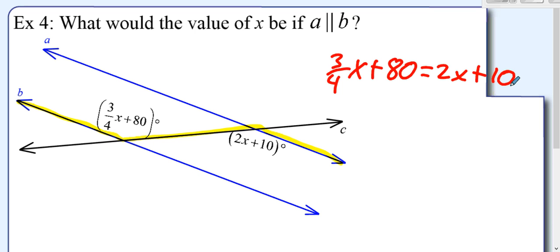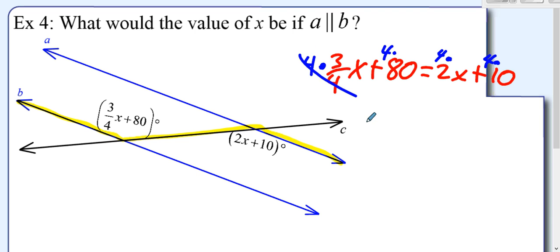Then we've got another pesky fraction. So our denominator is 4. We want to get rid of denominators. So you're going to multiply every single term times 4. Every term. So when you multiply a fraction with a 4 on the bottom times 4, they just cancel out.